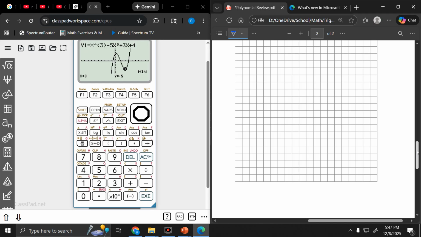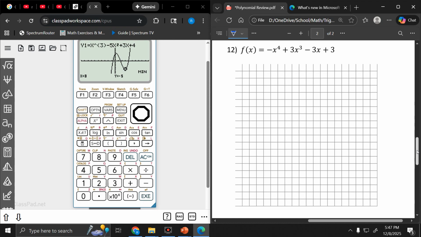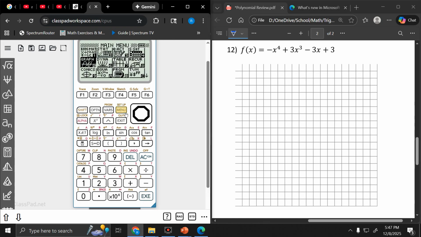So once again, to graph this, generally it does help to go ahead and look at what the graph should look like. So I'll go ahead and press menu, or actually I'll exit out, exit, and I'll type this in, x to the 4th, but it is negative, and plus 3x cubed minus 3x plus 3.